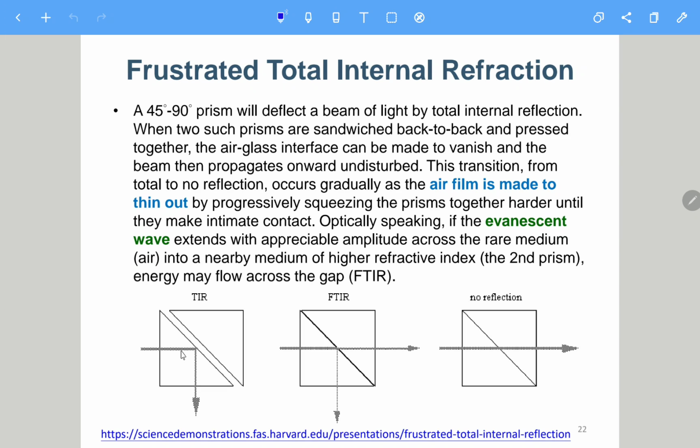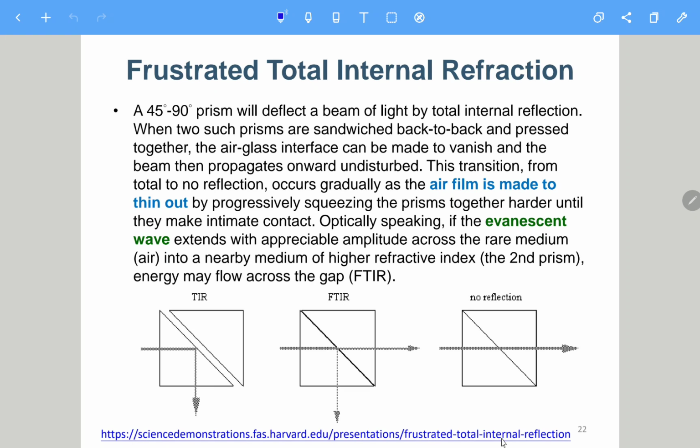Suppose that the index of refraction is large enough so that even for a 45-degree input angle, all the light is refracted. So let's go to this one first. If these two streams are touching each other, there is no gap in between, then this boundary does not exist anymore. So all the light can go through. So the middle one is the frustrated total internal refraction, which is the interesting case.